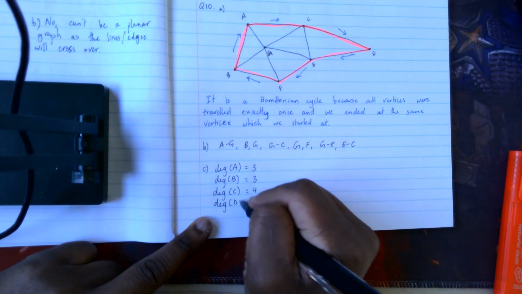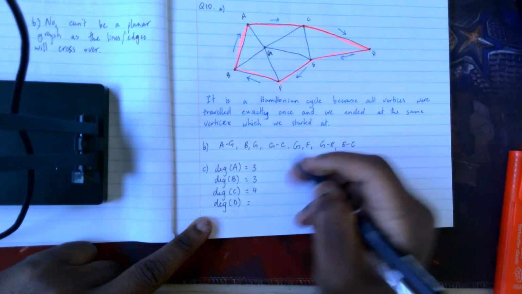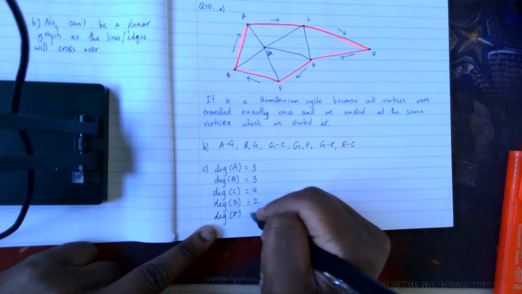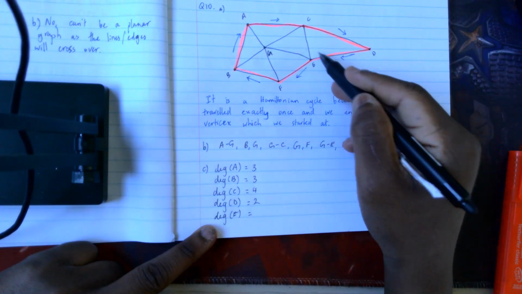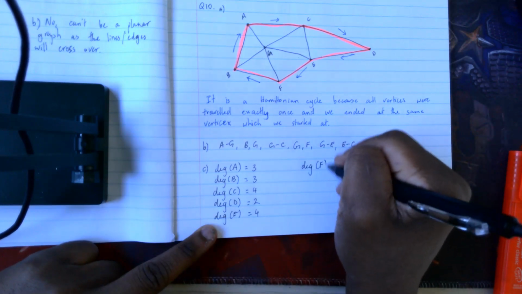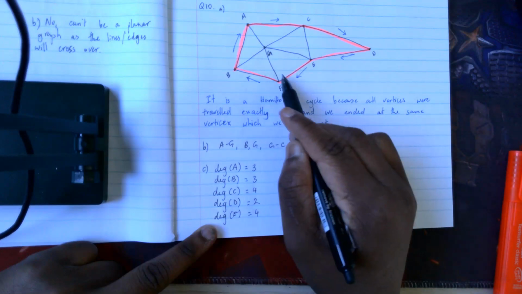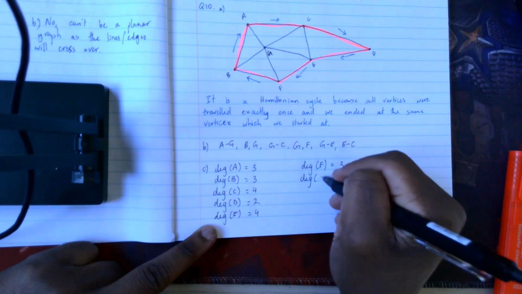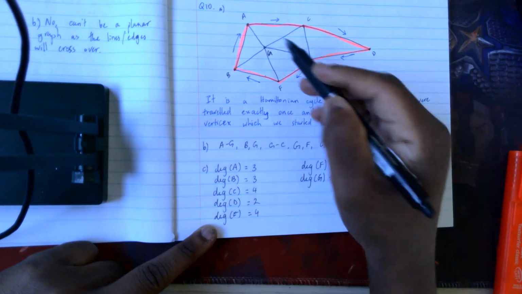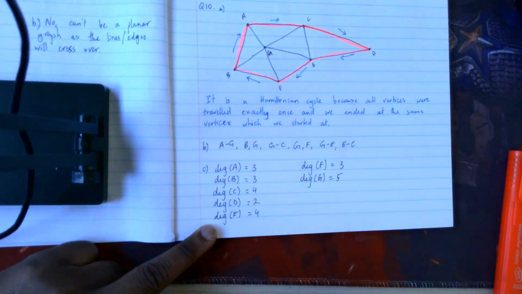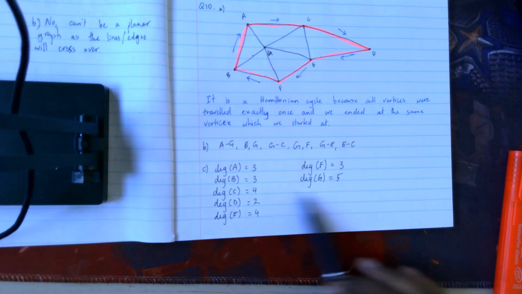Degree of D, 1, 2. Degree of E, 1, 2, 3, 4. Degree of F, 1, 2, 3. And degree of G is 1, 2, 3, 4, 5. So again, that's what we have.